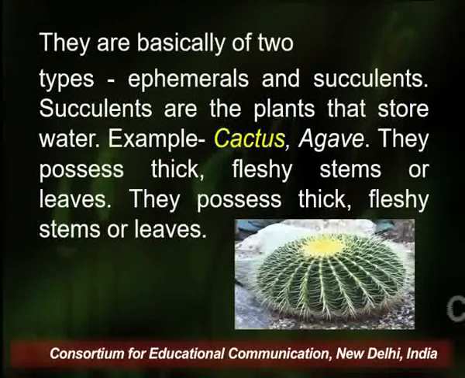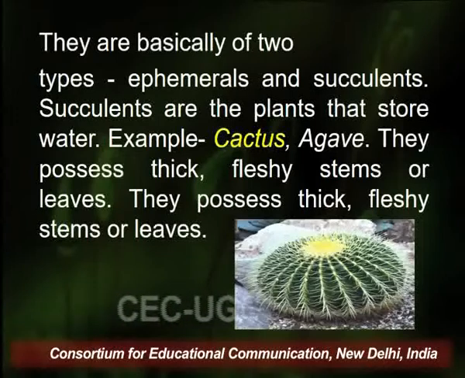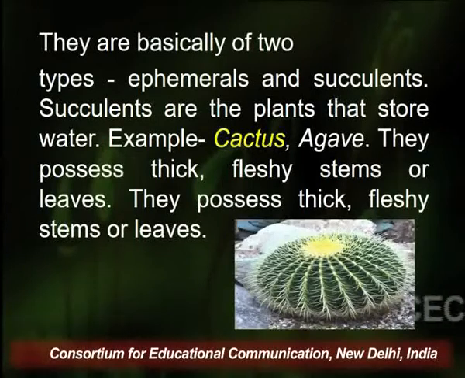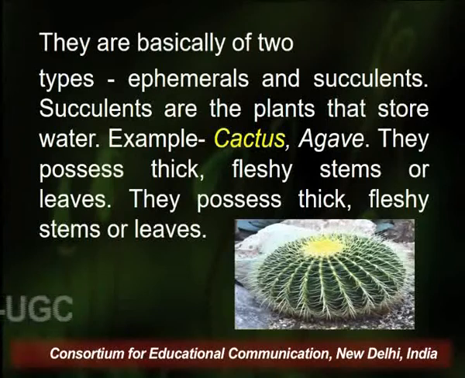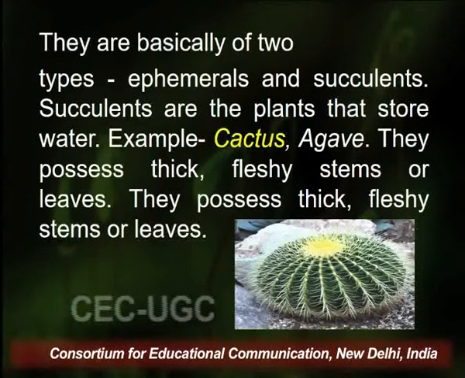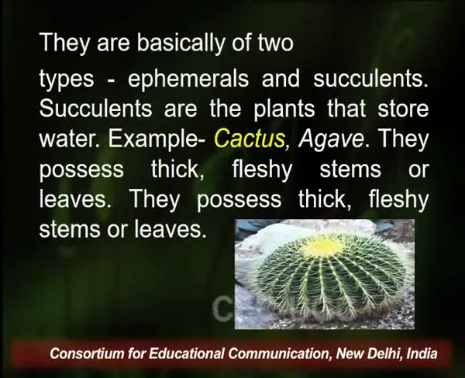They are basically of two types: ephemerals and succulents. Now, what are succulents? They are the plants that store water, for example cactus, agave, etc. They possess thick, fleshy stems or leaves.